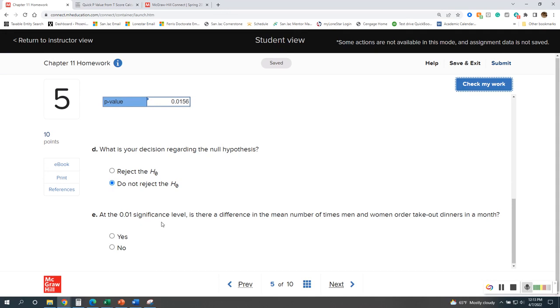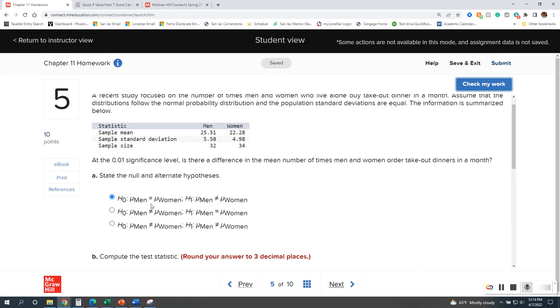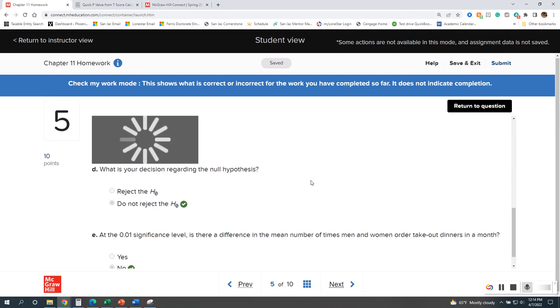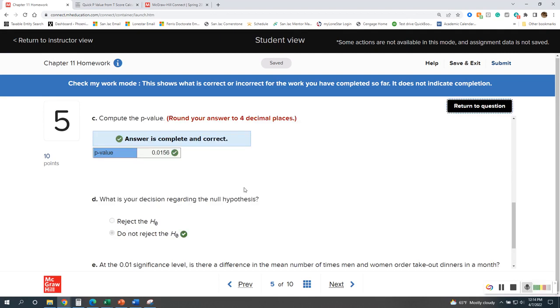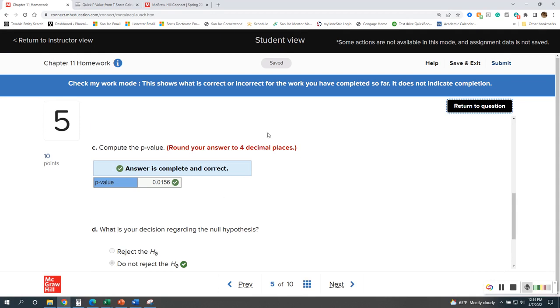Okay. Turn to the question. At the 0.01 significance level, is there a difference in the mean number of times men and women order takeout dinners in a month? Since we're showing that we are not rejecting the null, we're saying that they're equal, so there is no difference. Okay. So really the only tricky part of this problem is the p-value.